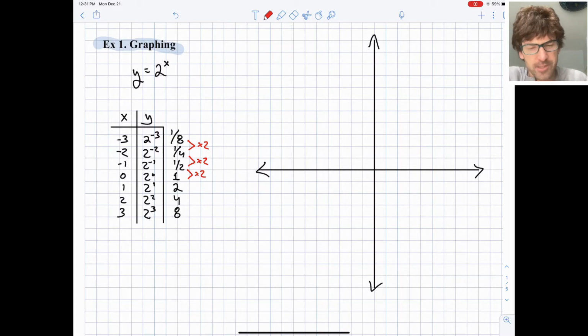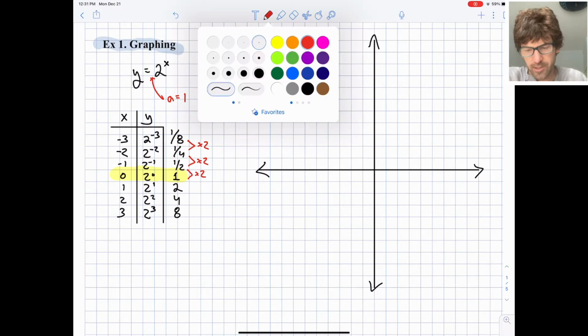I hope you can also see that we have a hidden a value of 1. So this is equivalent to looking at y equals 1 times 2 to the x. And that should agree with what we're seeing right here. We have a y-intercept, which is our value of y when x is 0. We have our y-intercept of 1. So we can go ahead and plot those points on our graph.